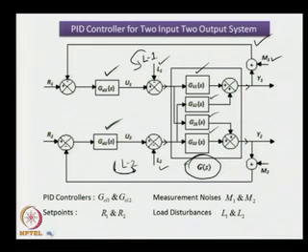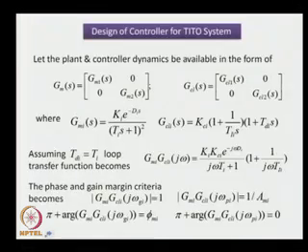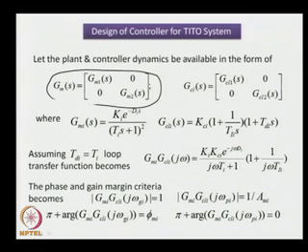Now, the dynamics of the TITO process is assumed to have the form GMS equal to GM1S and GM2S in diagonal of this transfer matrix.